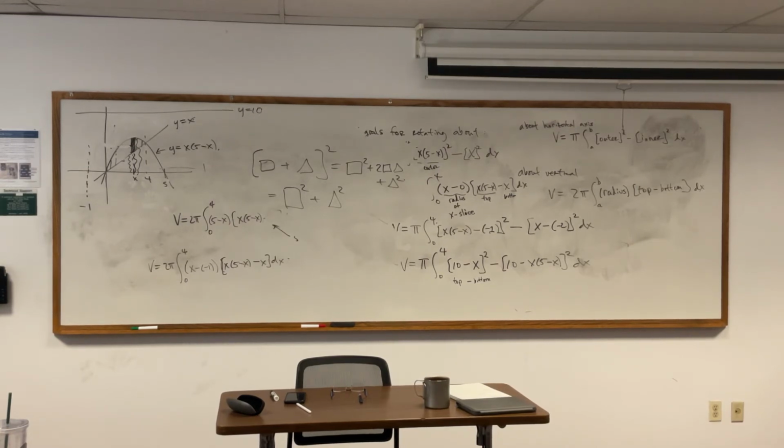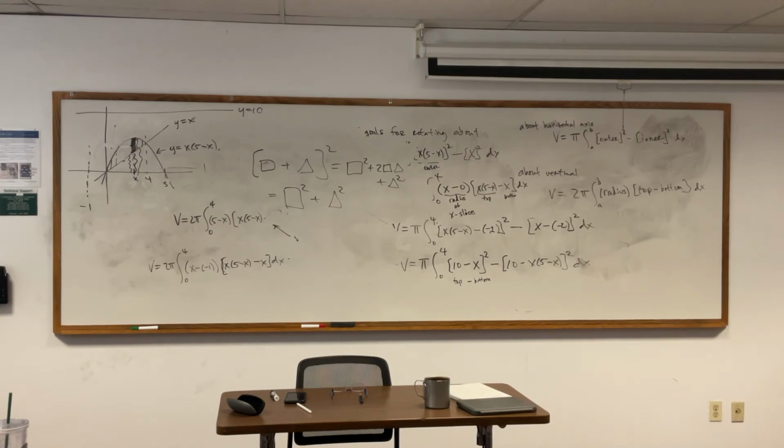So my outer radius is going to be that distance, top minus bottom, which is 4 minus x to the 4th. This is around y equals 4, so this is around a horizontal axis.